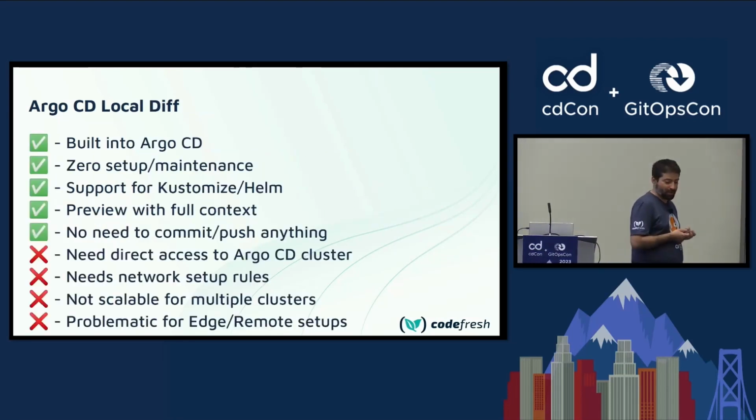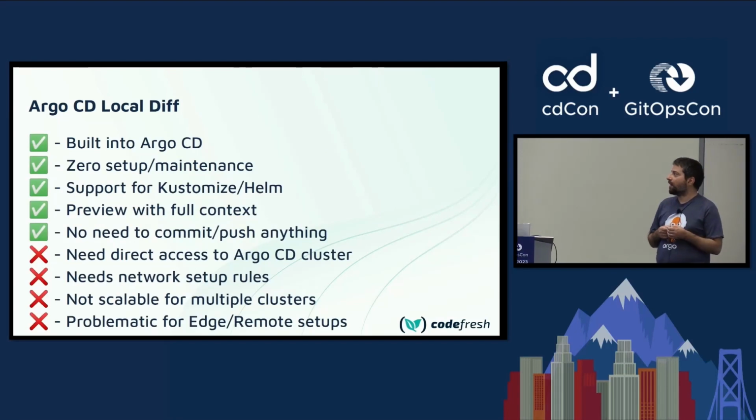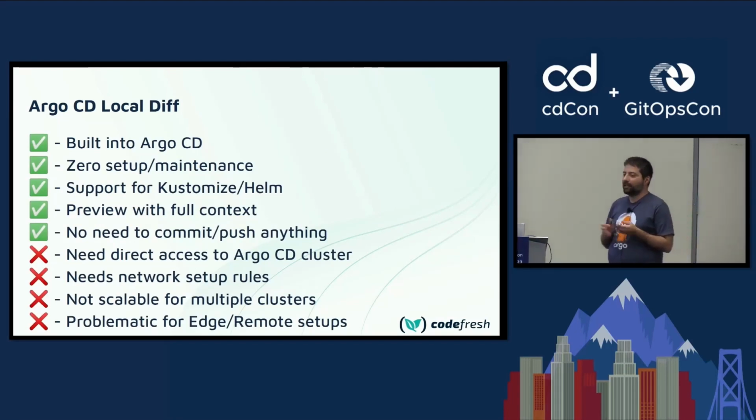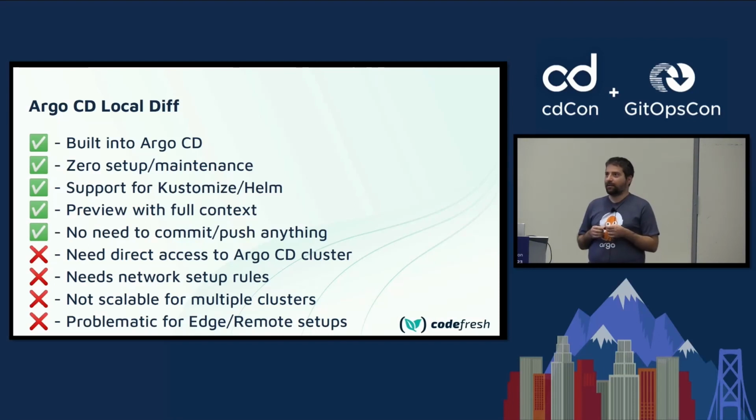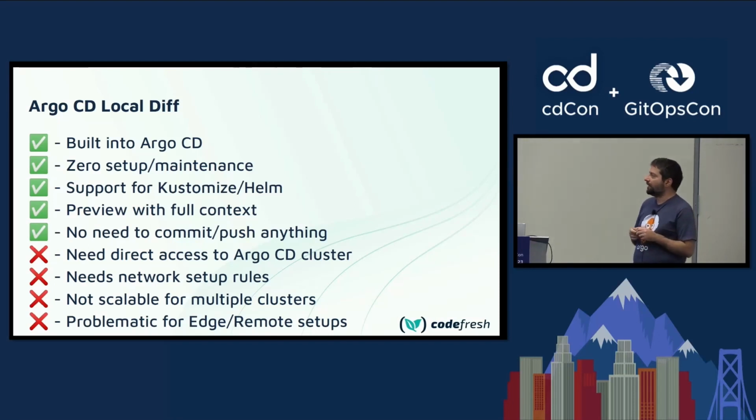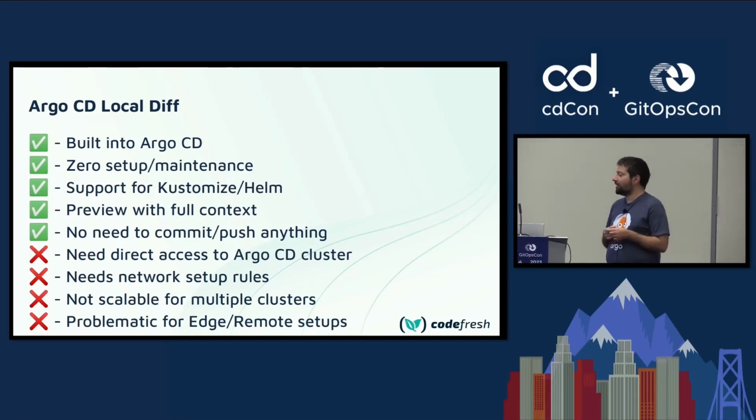So it works. It solves the original problem. You have the full context of everything. Again, it's built into Argo CD. There's nothing that you need to do there. But it has some issues in regards to security and how it needs access to the Argo CD cluster. In order for this comparison to work, the CLI needs access to the Kubernetes cluster and the Argo CD instance.